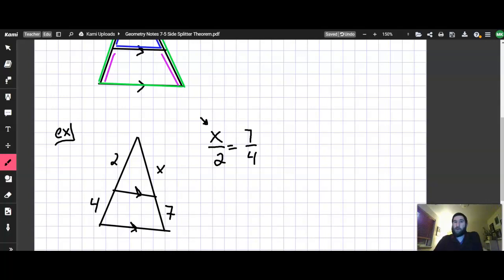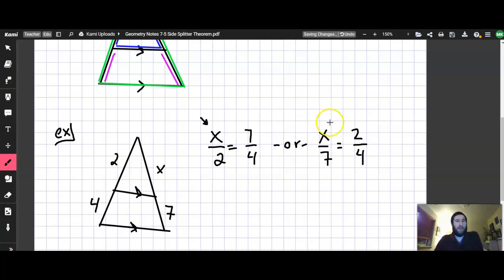Because we're not worrying about scale factor, and we're just focused on the proportion, which is a fraction, which is a ratio part of our understanding, we don't have to match it up this way. We could also match it up with x over 7 equal to 2 over 4.